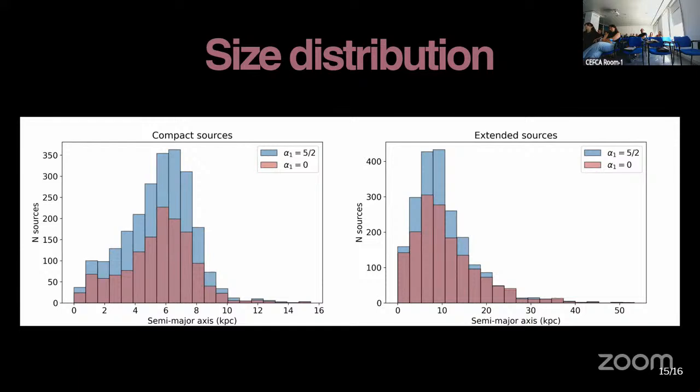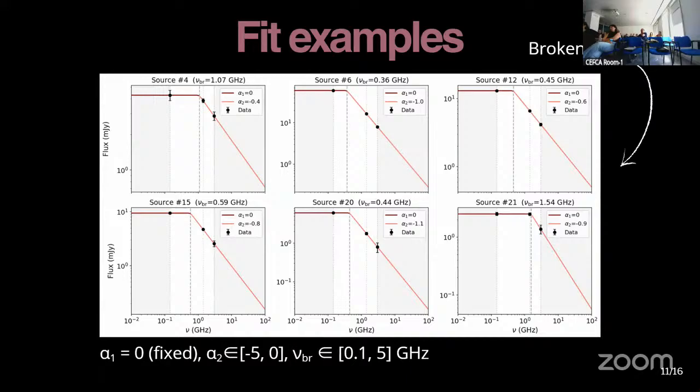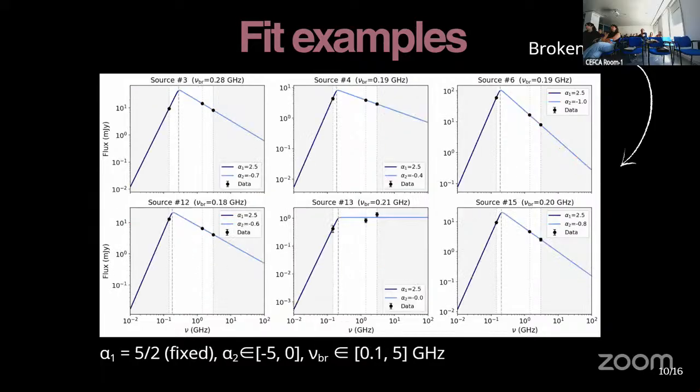And then from that, because we put some boundaries there, we only could get the sources that I just mentioned. So it's just a small subset of the sources. And we did 1 fit for the first alpha 1 value and another fit for the other one. So it's separate.